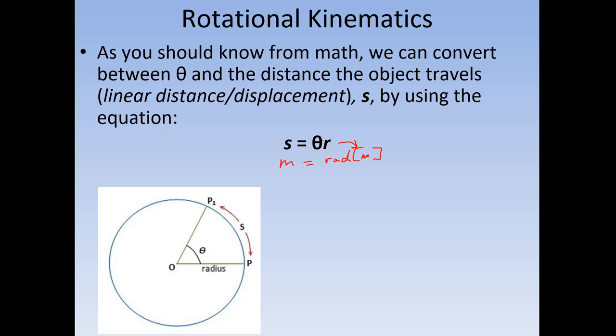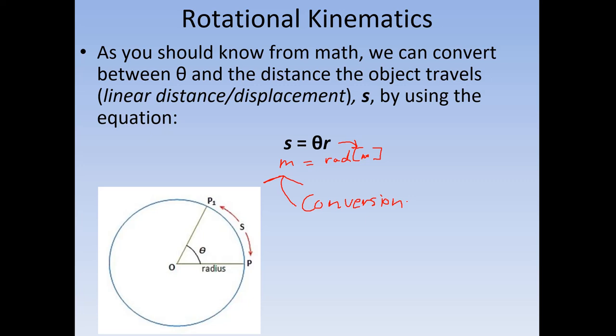Now, another thing I want to point out is that this is the first equation that I mentioned this for, but we actually have two different sets of equations. So this is the first set, which is a conversion. A lot of times you're going to end up having to juggle linear measurements and angular measurements together in order to solve your problem.